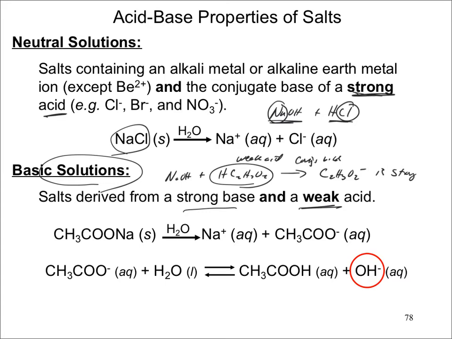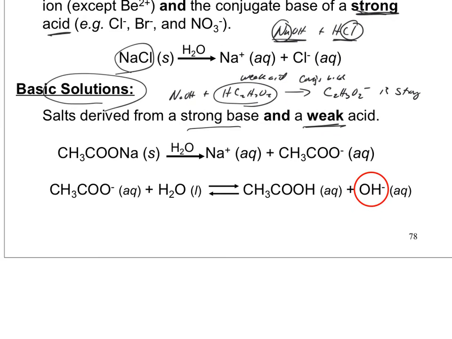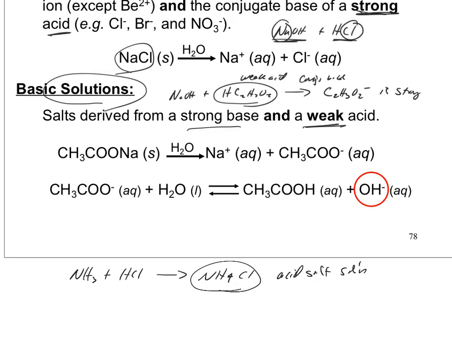To get an acidic solution, you'd have a strong acid and a weak base. Something like NH3 plus HCl. That's going to form NH4Cl. So ammonium chloride is going to be an acidic salt solution, because the ammonium ion is a stronger conjugate acid.